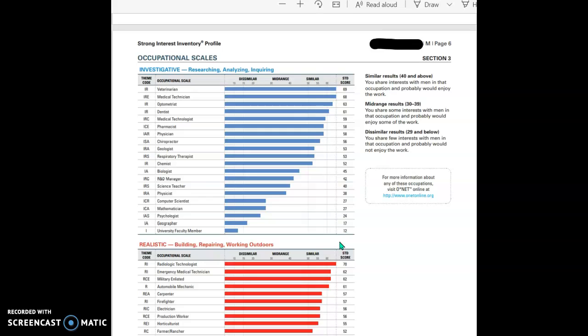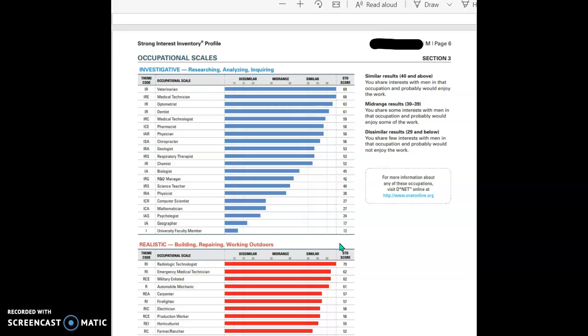Page 6 will include your occupational scales and will show how similar your interests are with people of the same gender who are already working in those occupations and are reporting that they're satisfied being in those career fields.